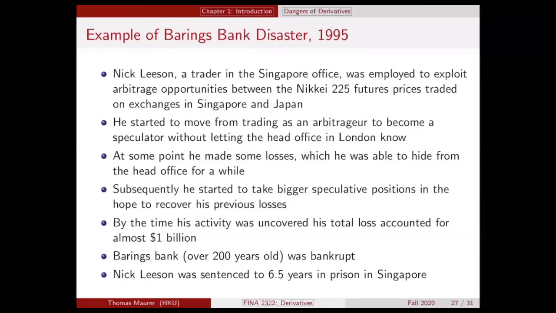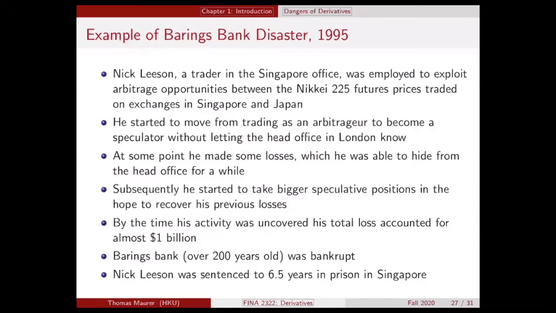Other people said because he wanted to attract some big clients as a broker, he gave them a very good deal, and that incurred some losses. But he did that because he really wanted that big client to stay with him in the future. But nevertheless, he didn't want to report these losses back to the headquarters. Now, what we know for sure is that at the point where he made the losses, he didn't report them to accounting, and instead he started to speculate in the Nikkei 225 futures market and took some big bets.